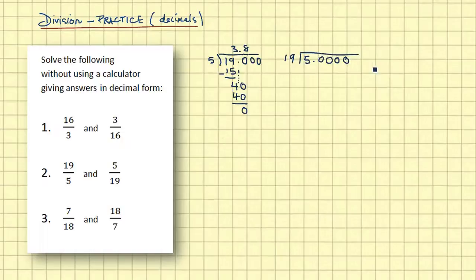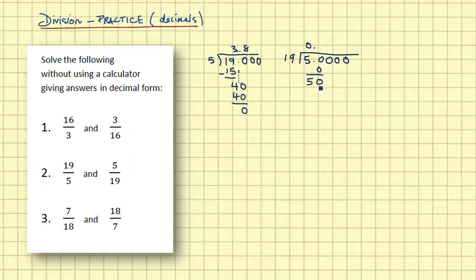All right. So 19 into 5 is 0, and so 0 times 19, we're going to get a 0 here. We're going to subtract to get our 50 figure here. Okay, so our next level is 50.